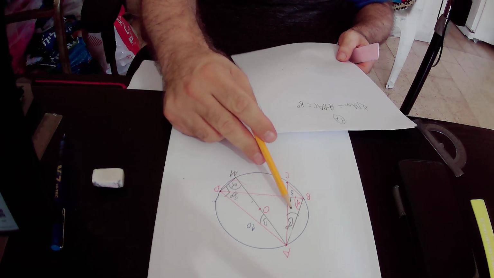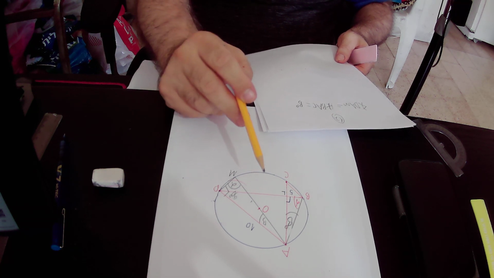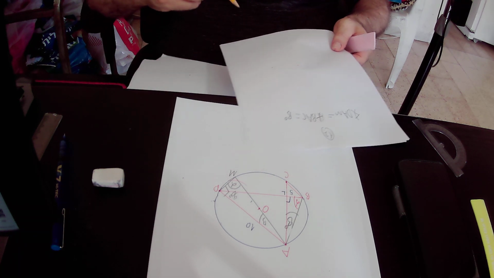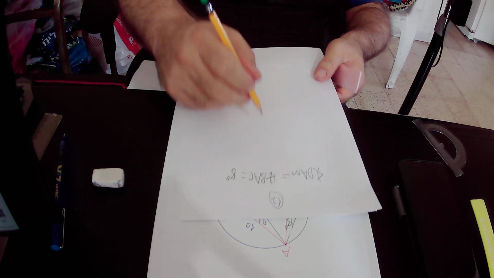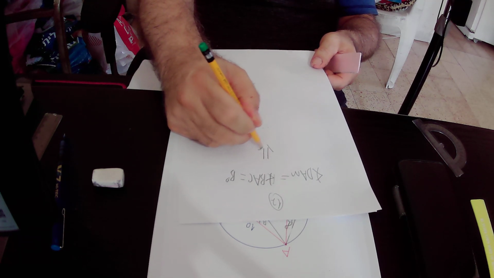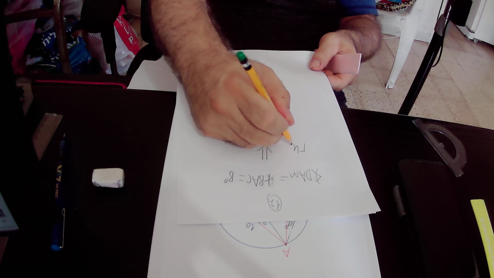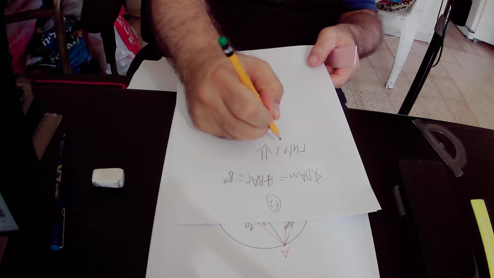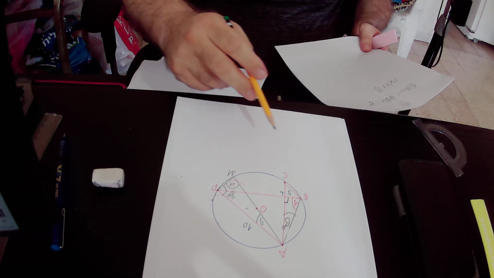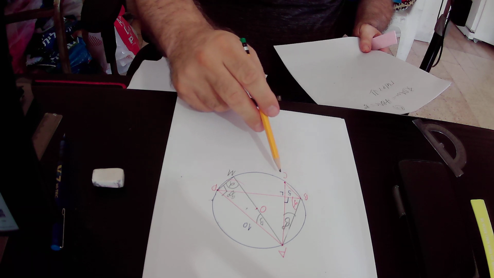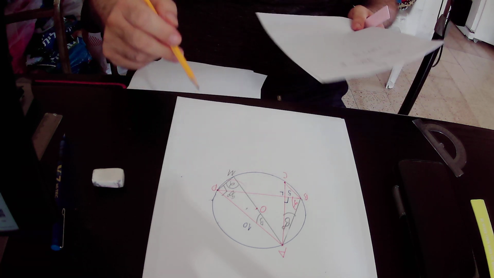This angle equals beta. So according to rule number 3, we can deduce that chord BC equals chord MD.